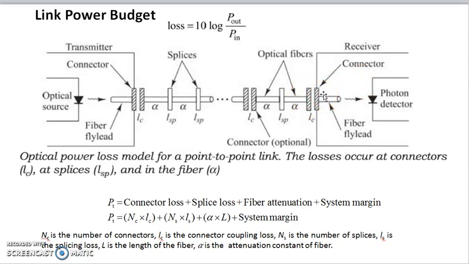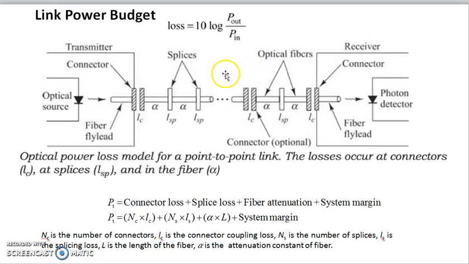If suppose in a given link there is a repeater, then again we need a connector for the repeater or an amplifier in between the link. But if you consider a link, it has a source and a detector, and it consists of a connector at the source, a connector at the detector, and in between there are some splices, and this connector is optional, because if you consider a repeater, then an optional connector will be required.